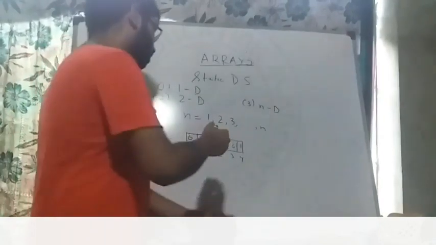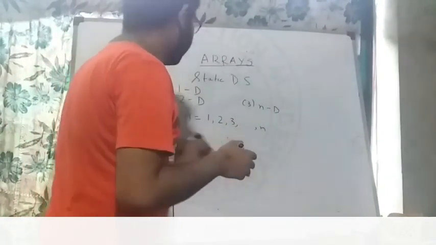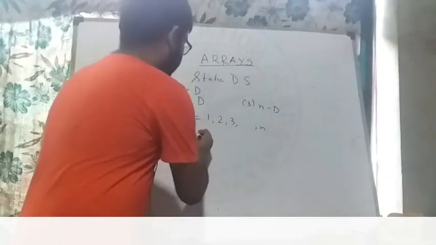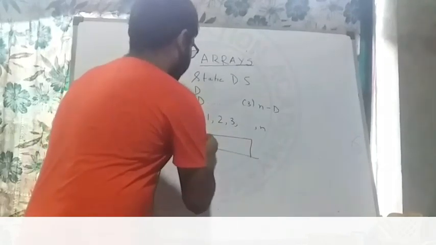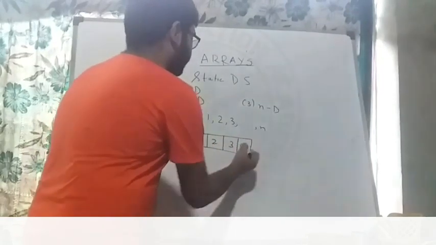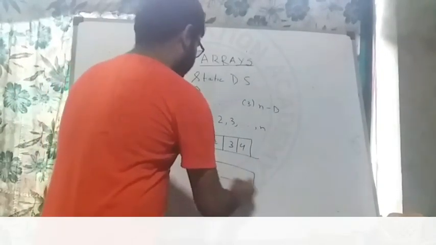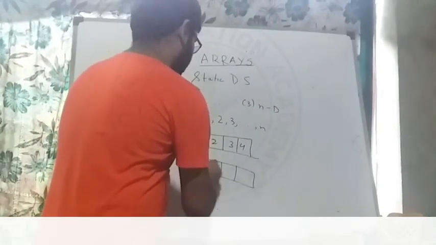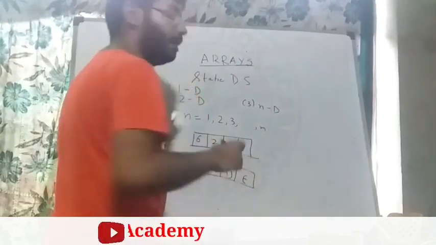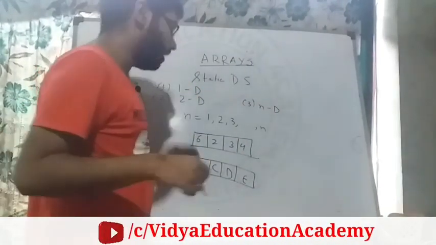Second, the data type. This is an array of integer data type. This is valid. This is an array of character data type. This is valid.